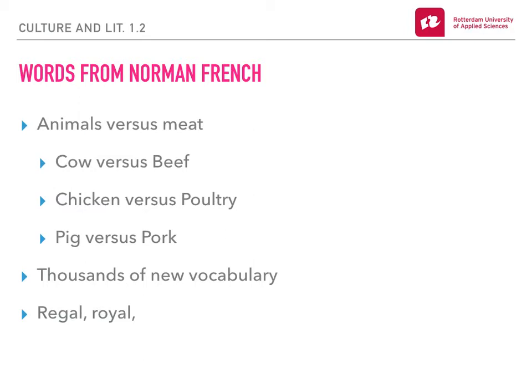Now, it's very important to understand that one of the reasons why this happened was that when the Norman French entered, the kings of England still considered themselves to be kings of France. And actually, from 1066 until around 1413, sometime in the 15th century, people in the UK in the upper classes, so the lords, but also the king, were not English speakers.